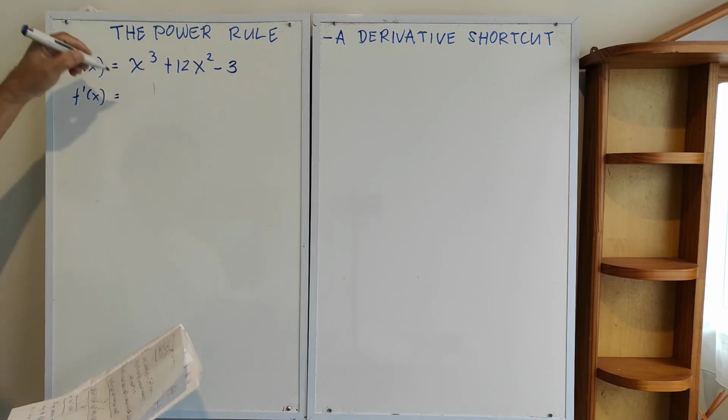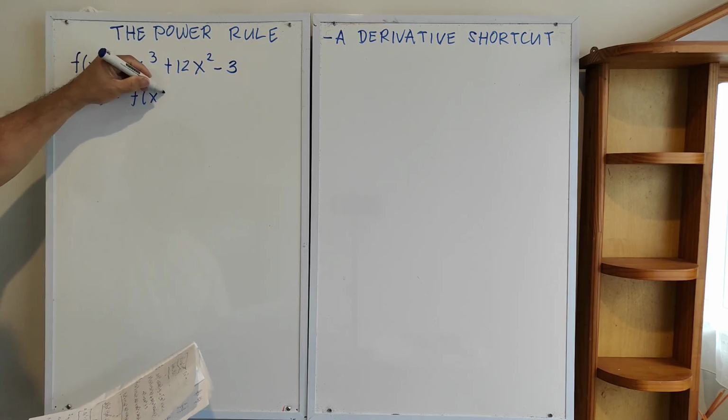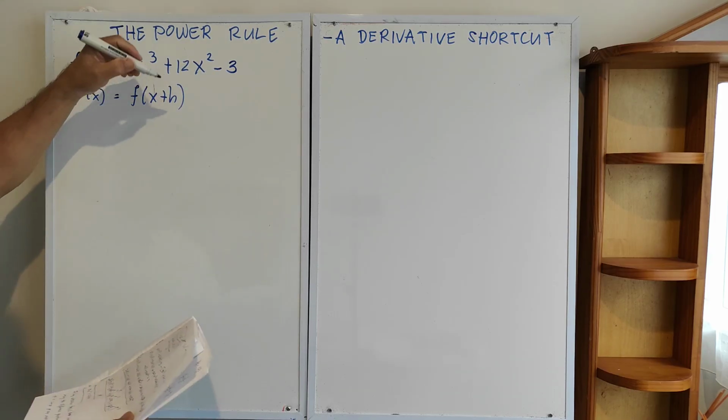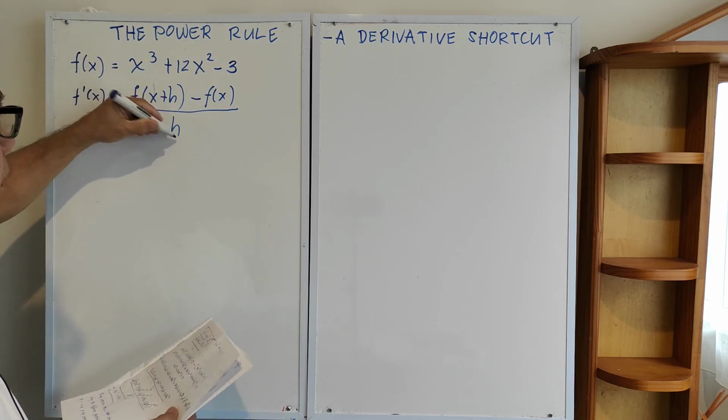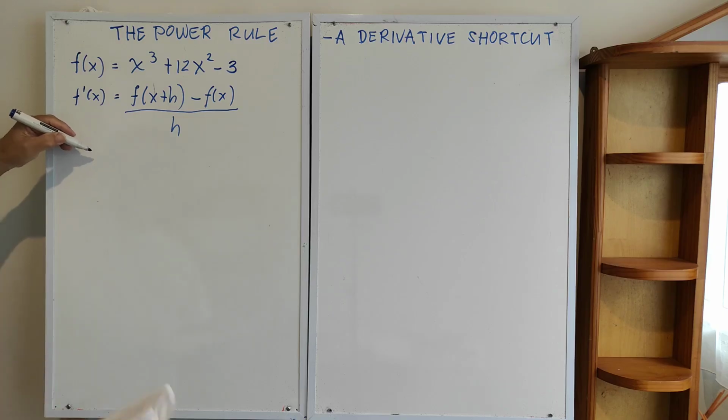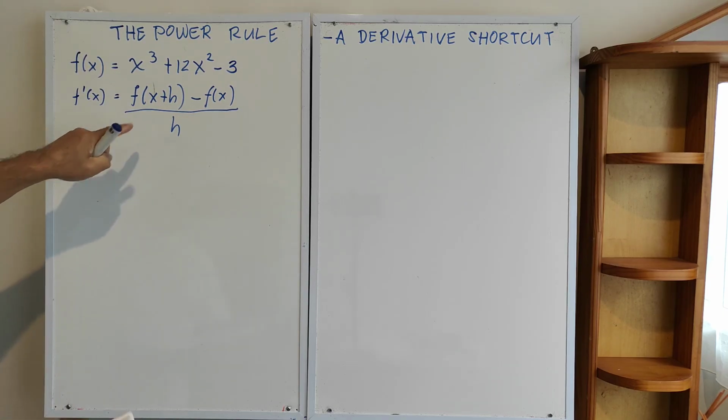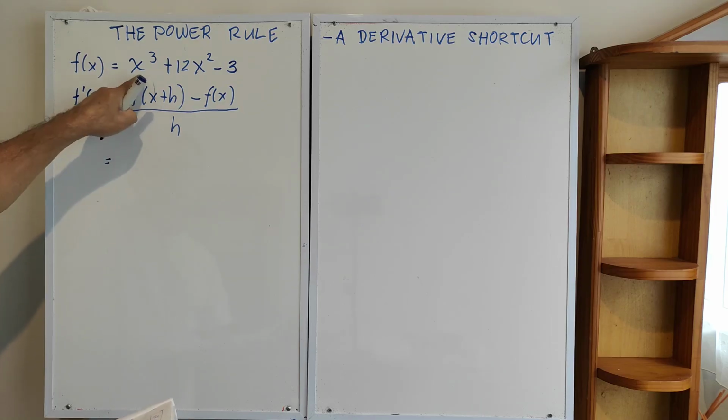So the formula is f of x plus h minus f of x, over h. We will just plug in the values of x plus h in here and in here.